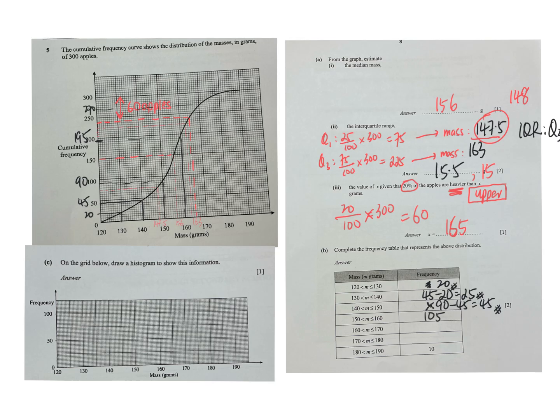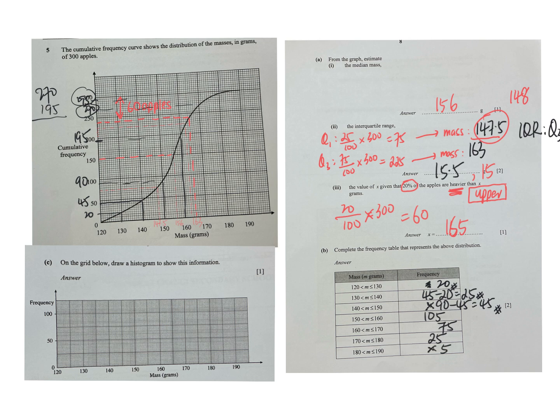270. So 270, you minus the 195, it will be 75. Okay, and then the very last section, here, until 295. So 295 minus 270 is 25. And then the very last one is only 5.